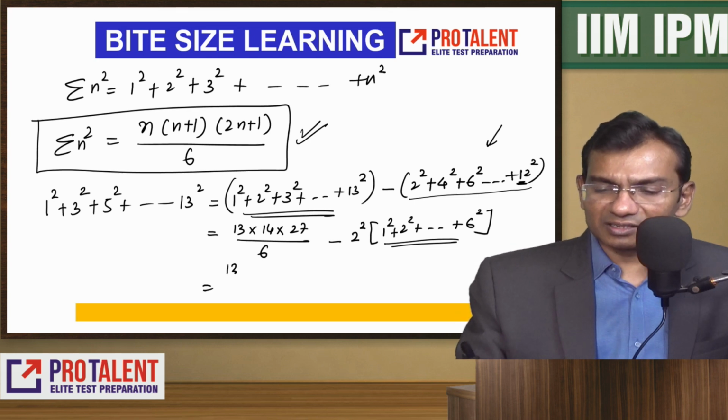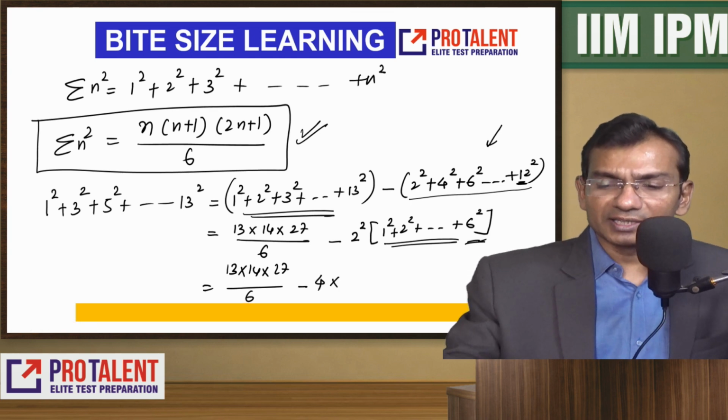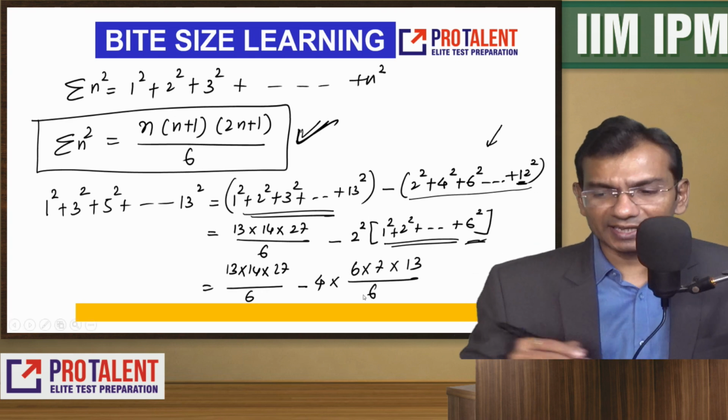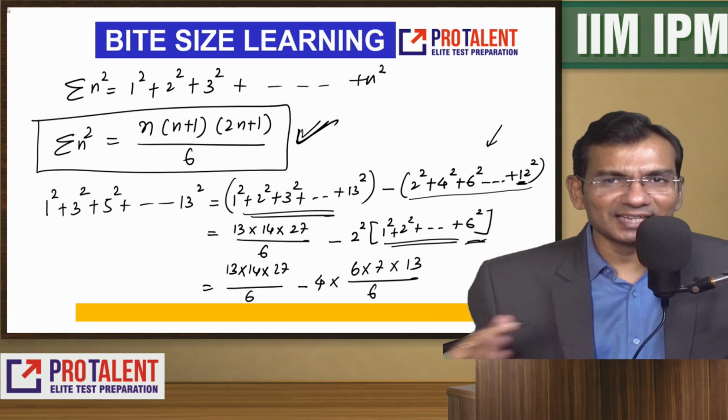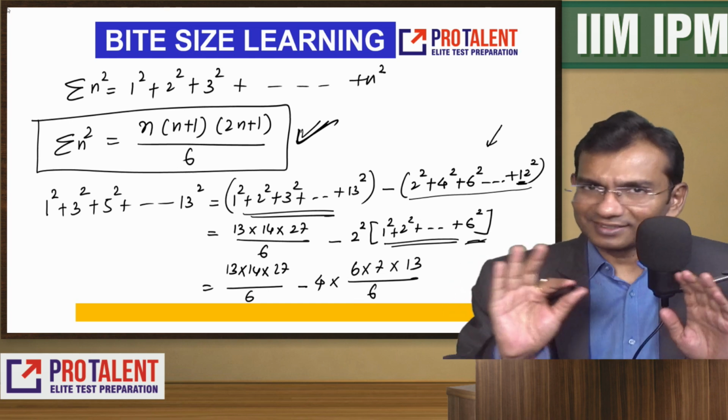So this is 13 into 14 into 27 by 6 minus 2 square, which is 4, and I am applying this formula here, which is 6 into 7 into 13 by 6. ठीक है? Then this is what my answer is. I have to just calculate it. I hope this is very simple. You know this method. Very good.